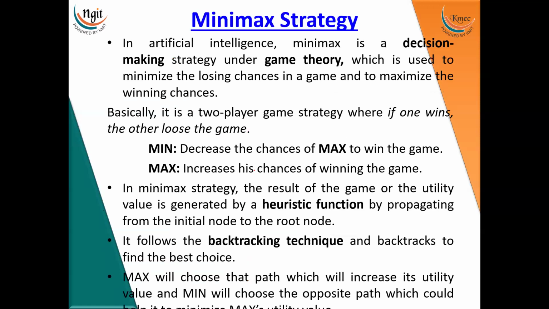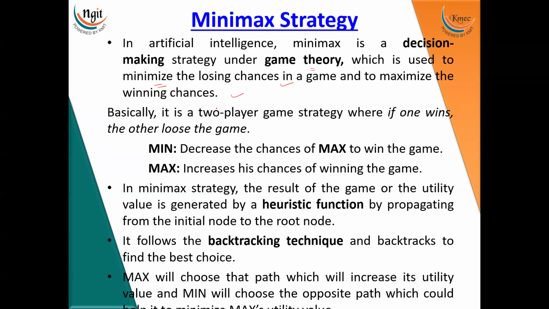Now, let us discuss the min-max strategy, or the min-max algorithm. In artificial intelligence, min-max is a decision-making strategy under game theory, which is used to minimize the losing chances in a game and maximize the winning chances. Try to understand: minimize the losing chances and maximize the winning chances.